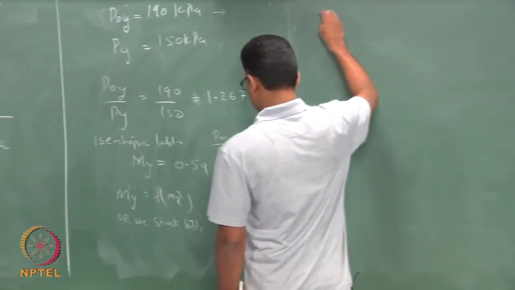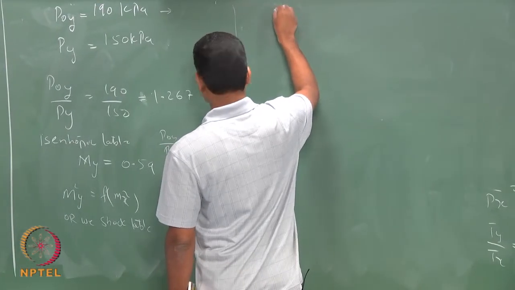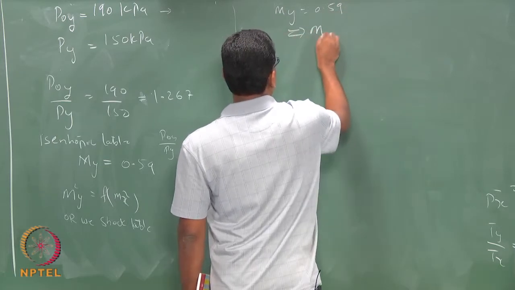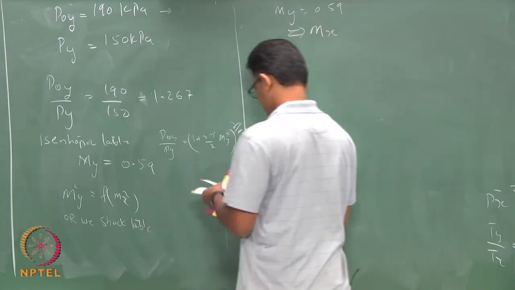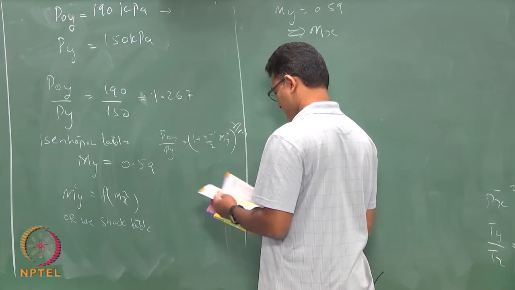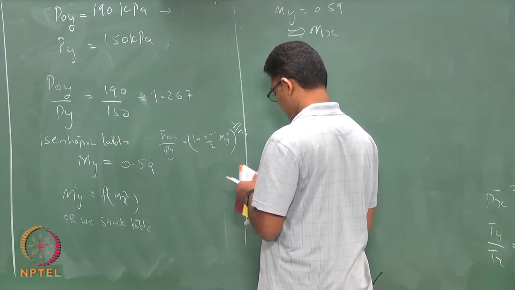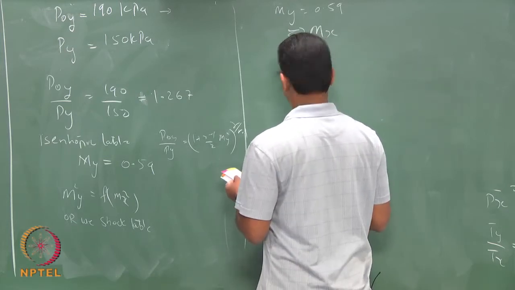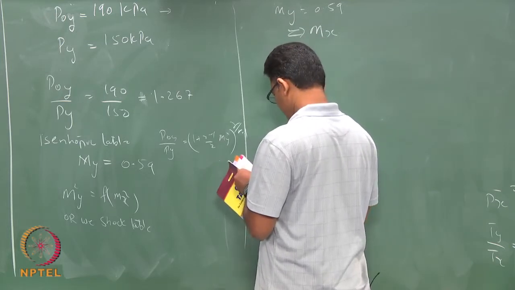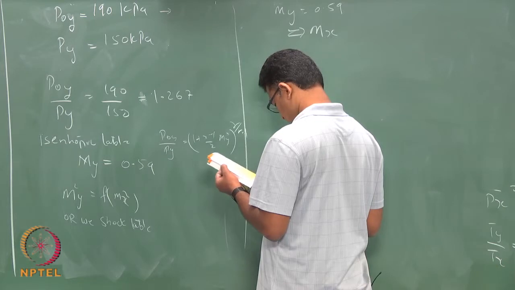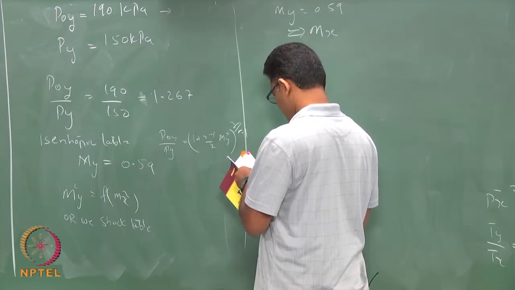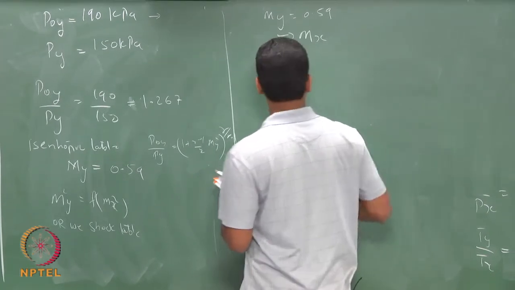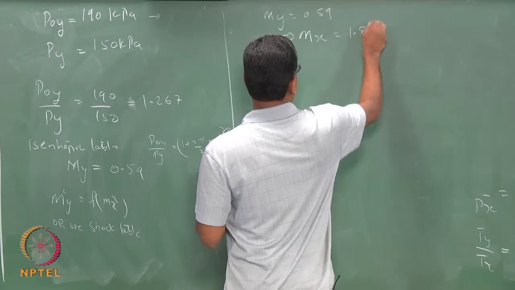So using the shock tables, My equals 0.59 gives me an Mx of 1.86.